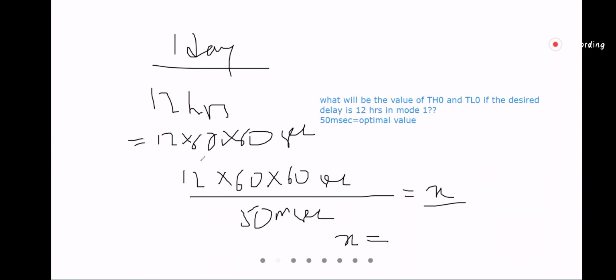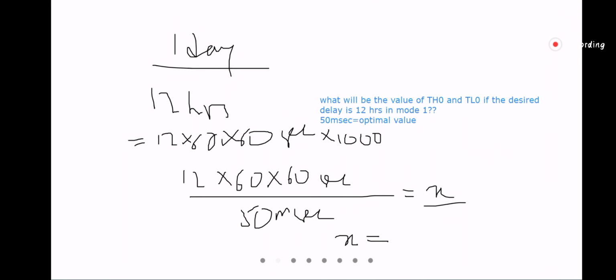Remember that this value should be in millisecond. I have written second here. This should be in millisecond. How do we convert second into millisecond? 100 millisecond equals 1 second, no, sir?